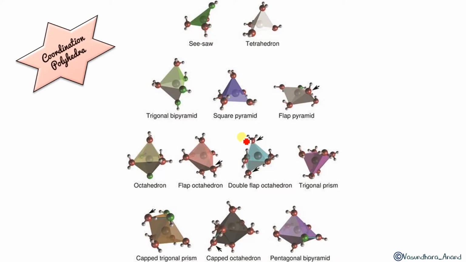Out of these, there are 2, 3, 5 and 9, 12 hedron too. But the most important ones to learn are octahedron, trigonal bipyramidal, tetrahedron, square pyramidal, and the seesaw, very few. So these 5 are important and will be used. The rest are not so much in use in our board syllabus.